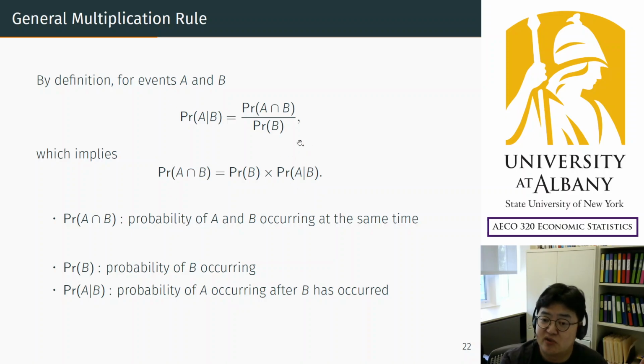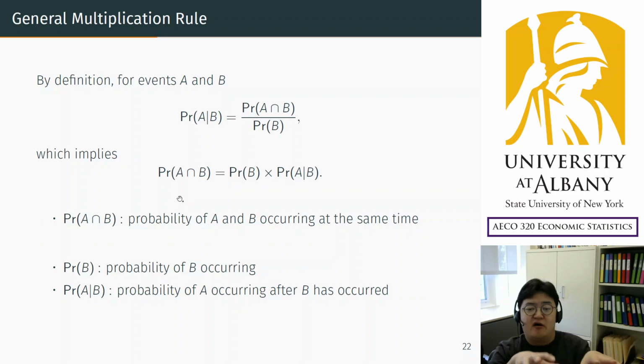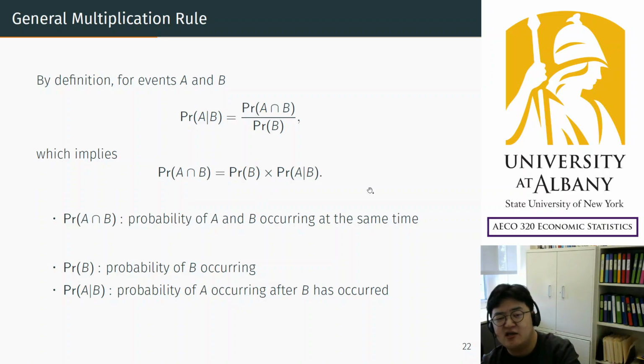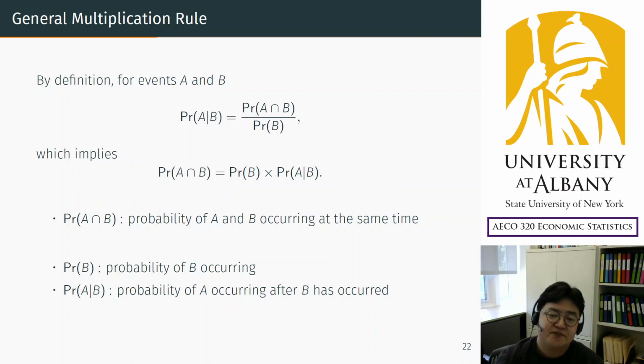That is the conditional probability. So the left-hand side checks whether A and B happen together, but the right-hand side is sequential. Check B first, and then if B happened, check A. That's another way to understand the multiplication rule.